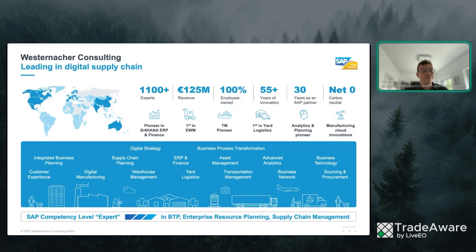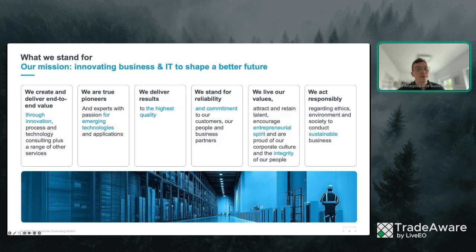And we are now more than 1,200 people worldwide, located in 26 countries, and we have our background in SAP consulting, have a very strong focus in supply chain, but over the years, really have expanded across all process areas, doing really end-to-end consulting and advisory, and really try to support every customer across industries in really getting the best out of their processes and really facilitating everything they need to do.